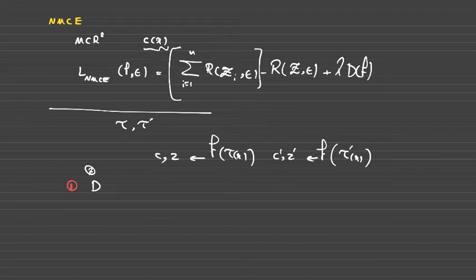This is the second one. So D of F, or constraint of F, is that you want this to be there. It could be, for example, things based on cosine similarity or L2 distance.